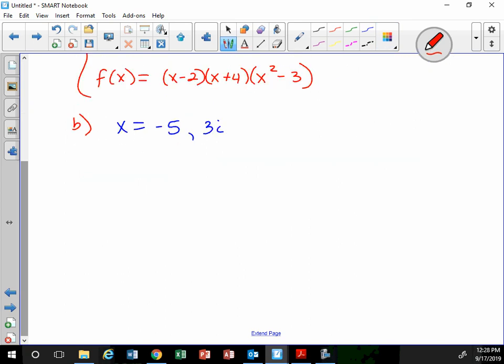Okay, so what's a 0 that's not listed but I know is there? -3i, good. So what are my factors going to be? X plus 5. We're good at that one, right? Okay. What are the other two factors?